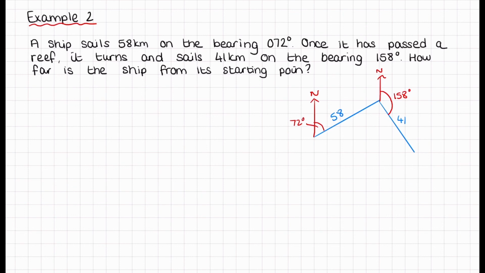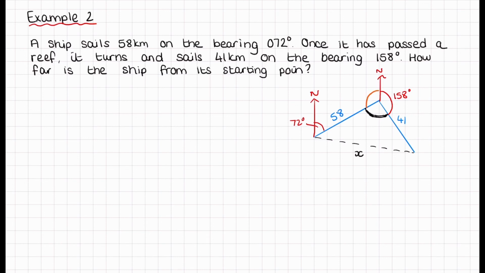Now we want how far the ship is from its starting point, so we want to know what this distance is here that I've dotted in black. So the first thing that we need to work out is, to work out this side, we've got two sides. We've got to look at what angle we can find out, and we can actually find this angle in here, which means we can then use the cosine rule. Now to find that angle, we need to think about what this angle here would be, that I'm drawing in orange.